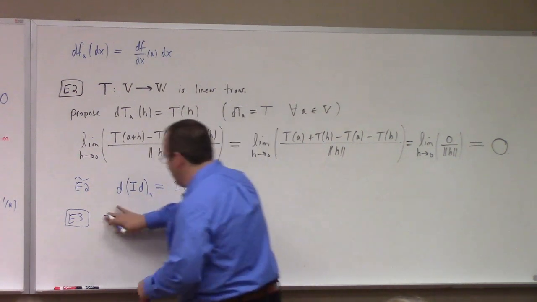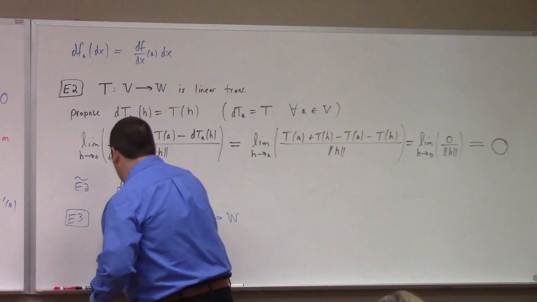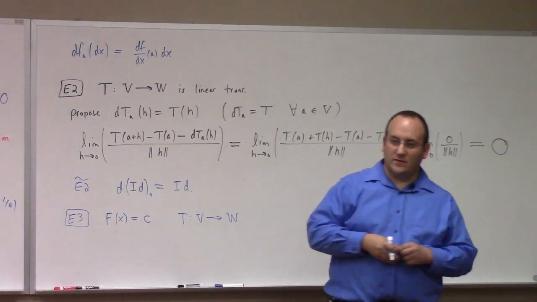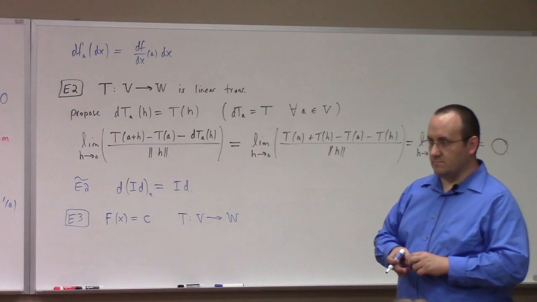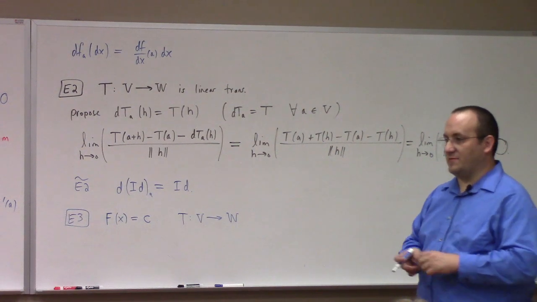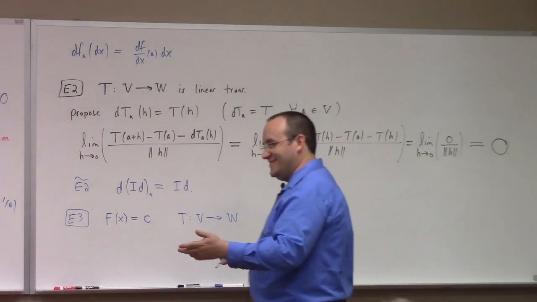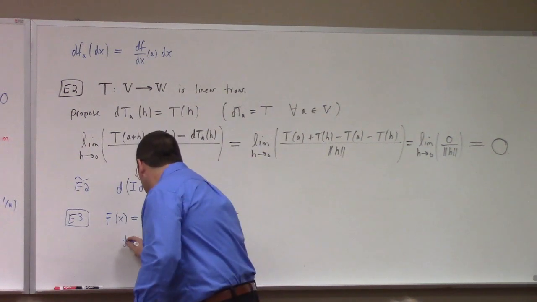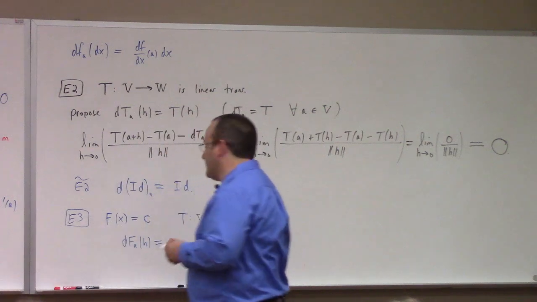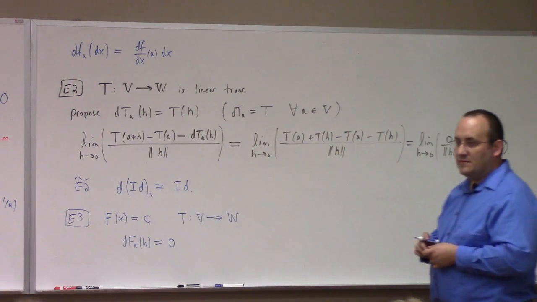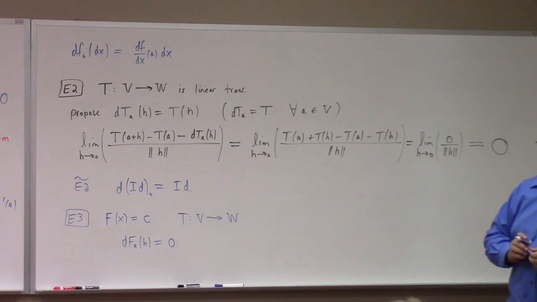Constant function. What's its differential? The derivative of a constant should be 0, yes. In fact, yes. So dfa of h is just equal to 0. So the 0 transformation will be the differential of that. A constant function is differentiable with the differential being 0.